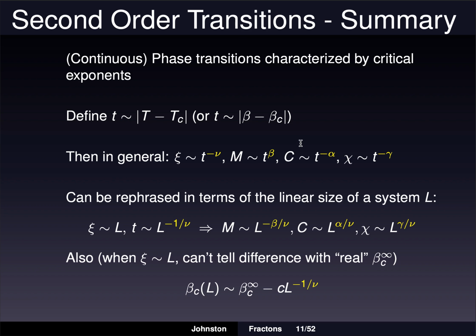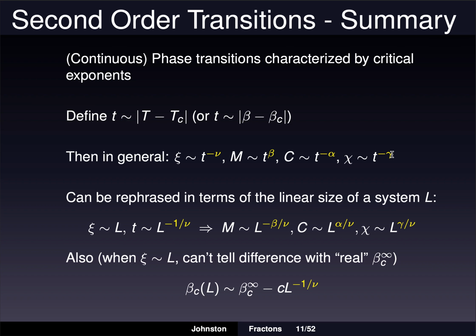On the other hand, the variances of the quantities like the energy, the specific heat, diverge at the critical point, at the phase transition point. And again, these are characterized by particular numbers, by particular critical exponents. In the case of the specific heat, the exponent's called alpha, and in the case of the susceptibility, the variance of the magnetization, it's called gamma.